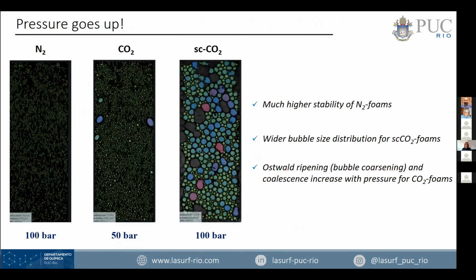When you go to CO2 at 50 bar, below supercritical conditions, they are already less stable than the nitrogen foam at 100 bar, but they are more stable than the supercritical foam, as you can see here, which is rapidly destroyed, mainly because of bubble coarsening.